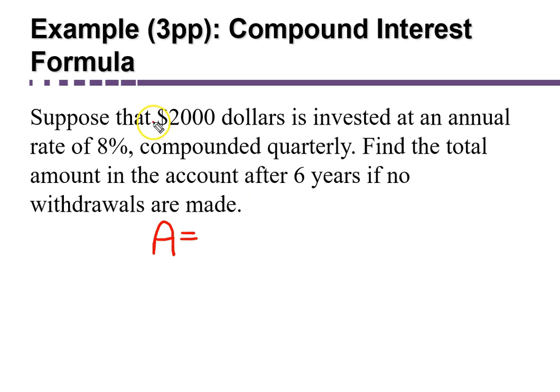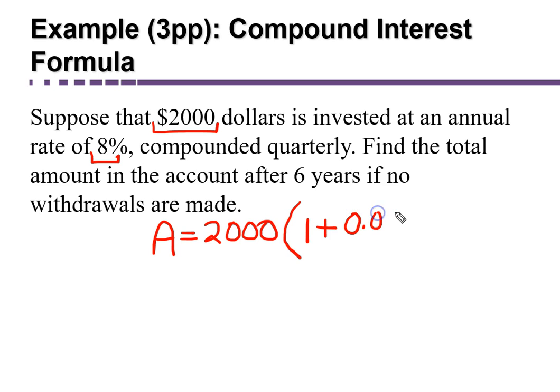Now our principal is $2,000. A big parenthesis, a 1, plus, what will our rate be? Well, it's going to be 8%. So we convert that to its decimal fraction.